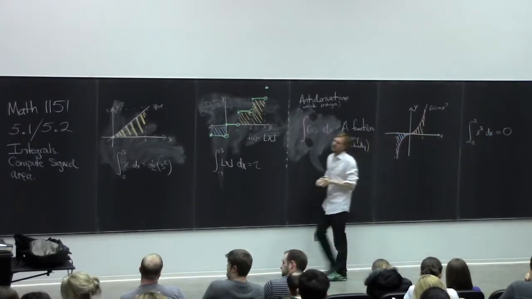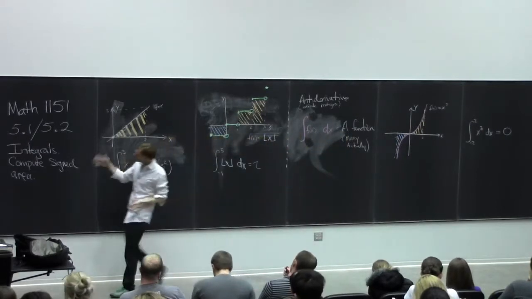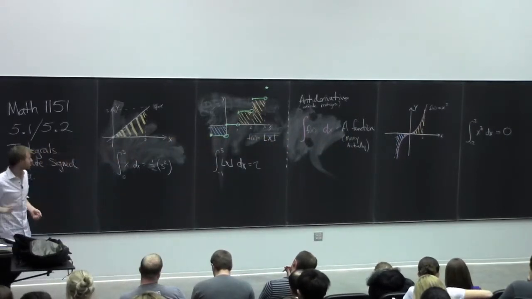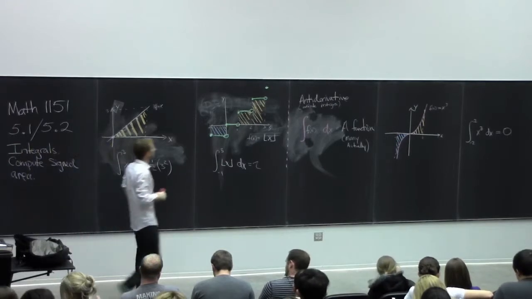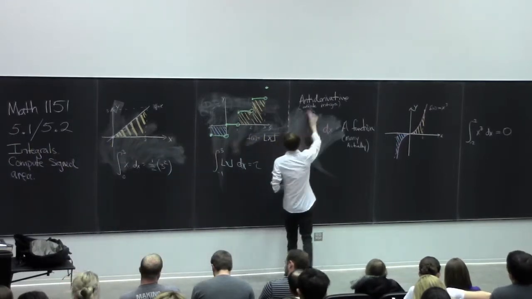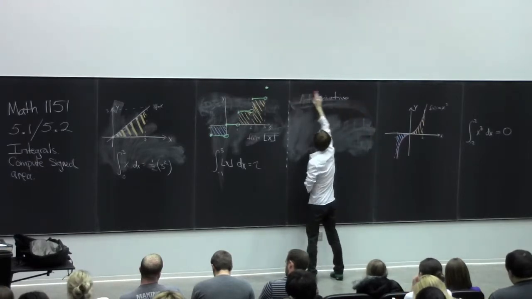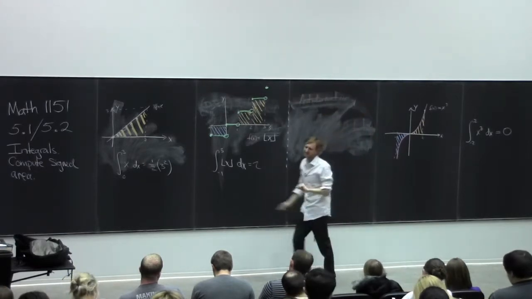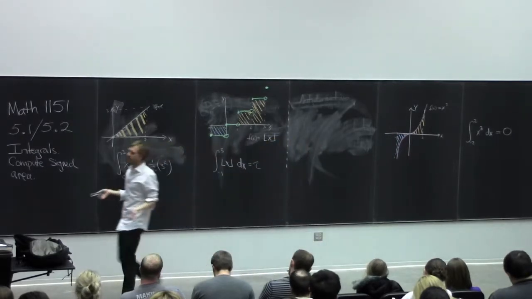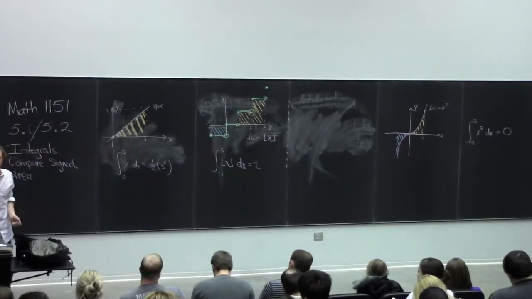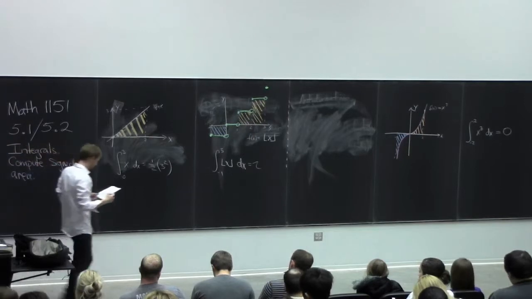All right. So now, just remembering that integrals compute signed area, there are some properties of integrals that we can write down really quickly, and we can say, oh yeah, that's obvious. That makes perfect sense.